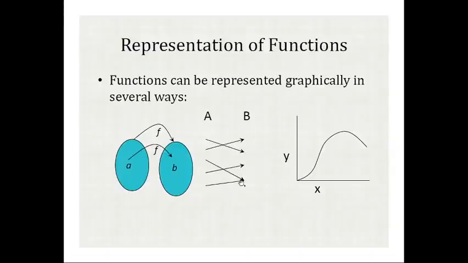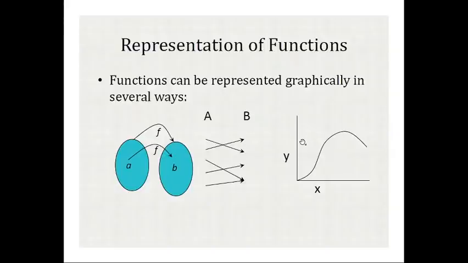So see here, two different elements of A have mapped to a single element of B. This can happen, but a single element of A can never be mapped to two elements of B. That should not happen.